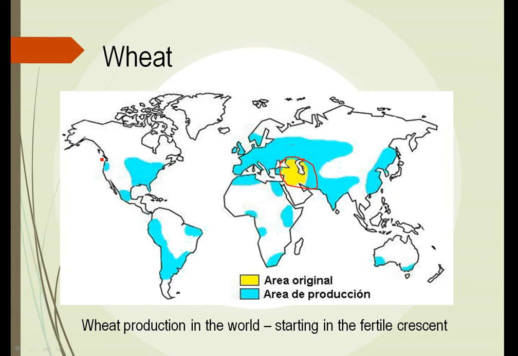And notice that wheat can be grown in semi-tropical areas such as Florida, areas of Mexico, parts of Brazil, but it also can grow in much colder regions across the northern US and Canada, across northern Europe and Asia.